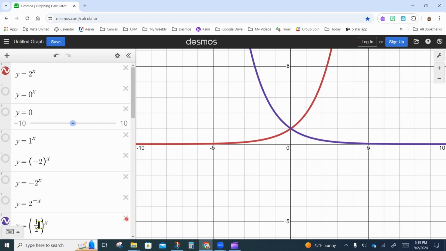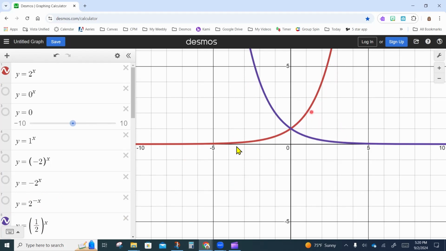Okay. Now, I also have here y is equal to 2 to the -x, which is actually going to give me the same graph as this purple decay, because my red is y is equal to 2 to the power x. So all of these positive x values have these outputs.